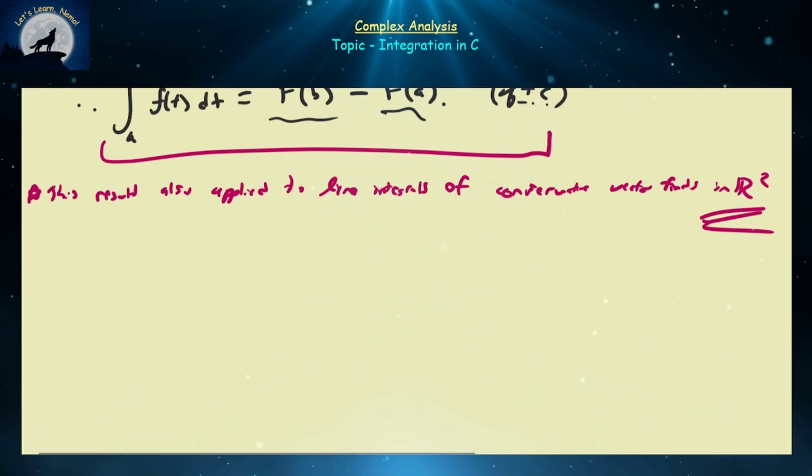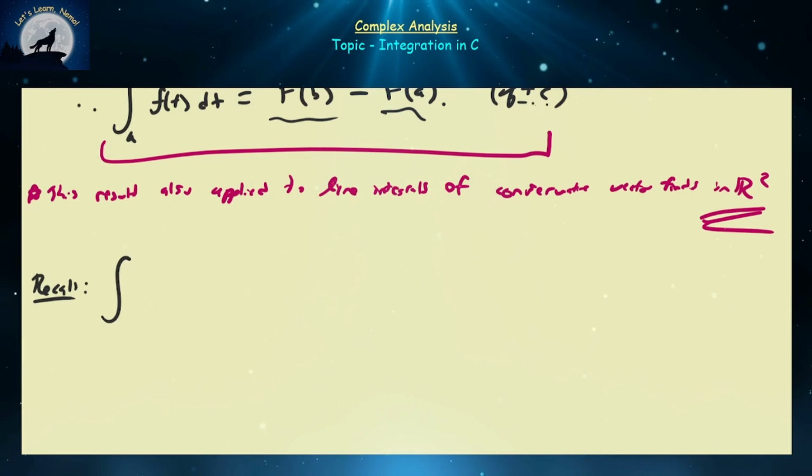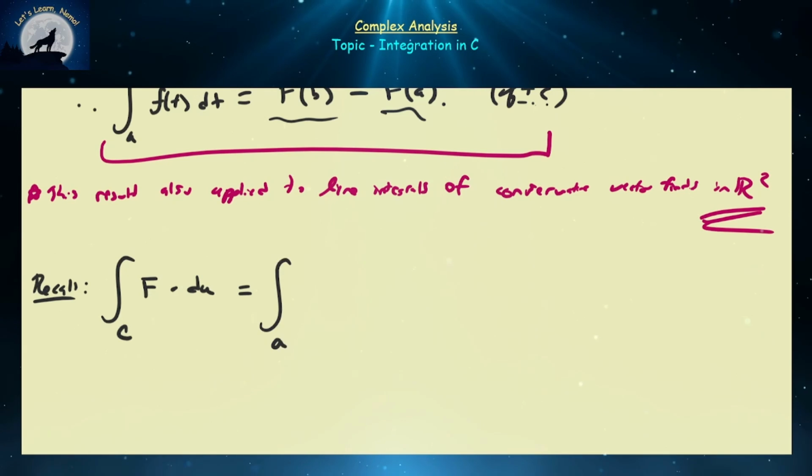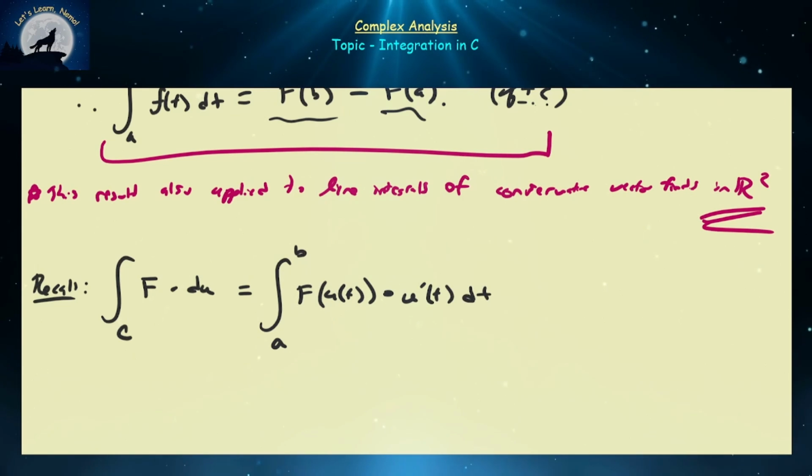So if you don't remember vector fields and what conservative vector fields are, let me just give you a quick reminder. Again, we have the integral of a vector field over some path C, where u is a parameterization: the integral from a to b of F of u of t dot u prime of t dt. So vector dot product vector is a scalar function, and then you integrate that with respect to time, and that's it.